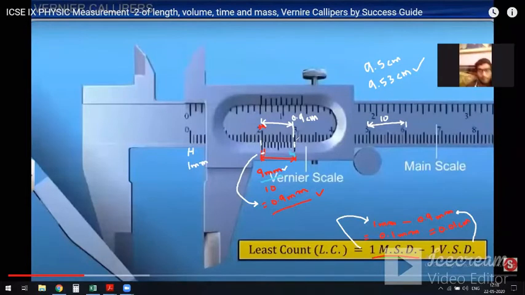This is what I'm telling. The 10th division of vernier is matching with the 9th division of the main scale. And that's why I think you people are getting confused. Just remember that the vernier scale has a total length of 9 mm only. Whereas on the meter rule that we have, between 2 and 3, 3 and 4, 4 and 5, 5 and 6, the total divisions in between are 10, and that is taken as 1 centimeter. Fine.